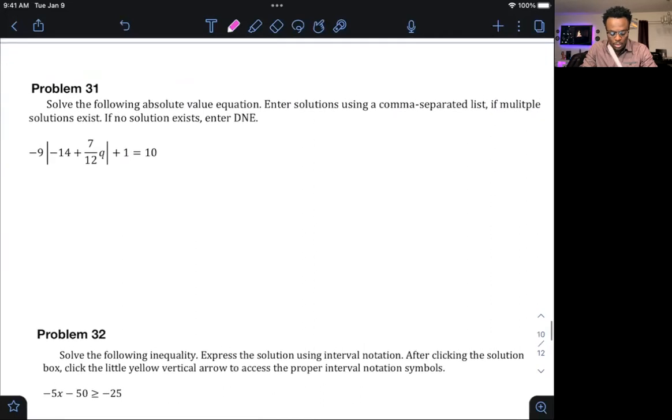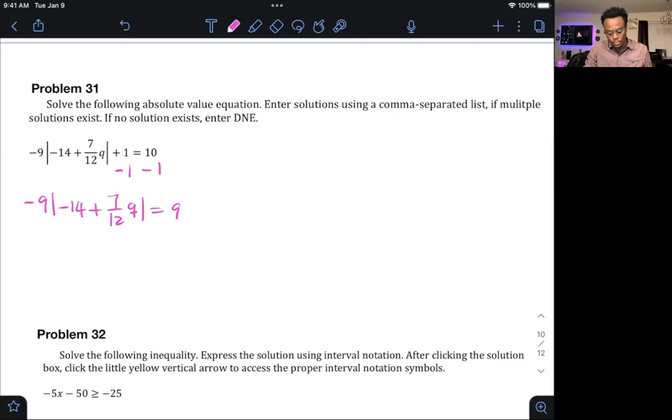Next problem is to solve the same thing. Then we will do the same thing, subtract 1 on both sides. -9 absolute value of -14 plus 7/12 equals 9.